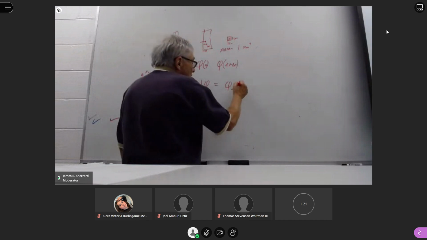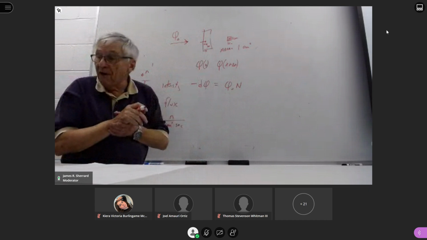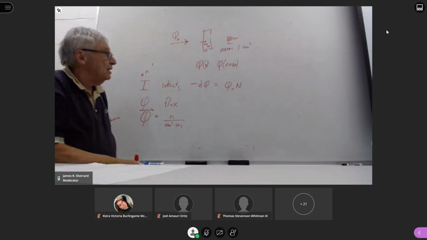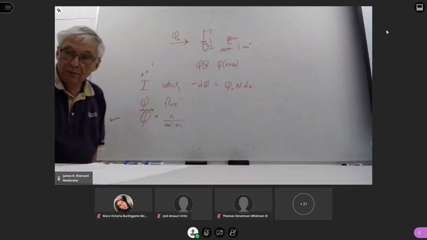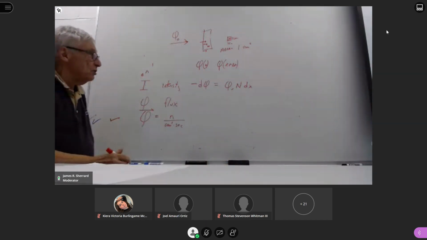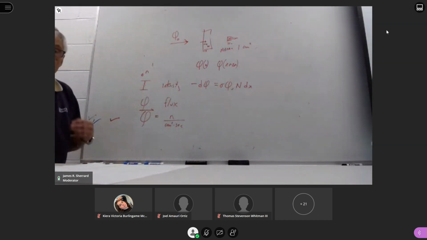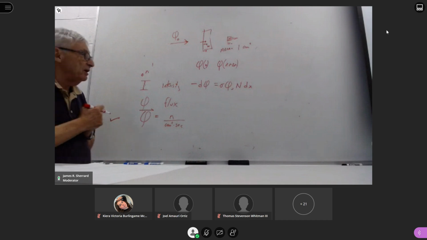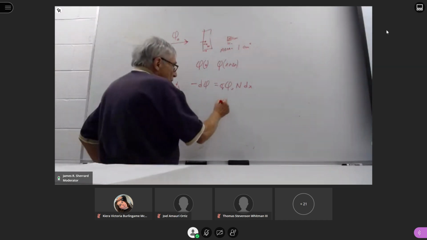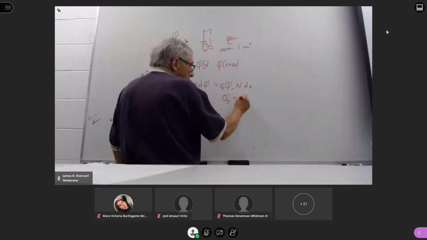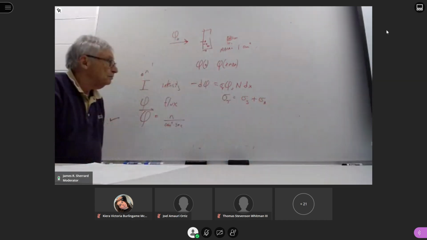It's going to be a function of the number density, or the number of atoms we have per volume of material. It's going to be a function of how far you've traveled. And then, of course, we have to consider the probability of having that interaction. For right now, I'm going to keep this probability of interaction being total. Well, remember, the total probability is the probability of scattering plus the probability of absorption.